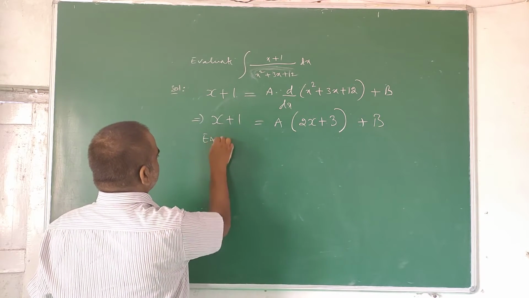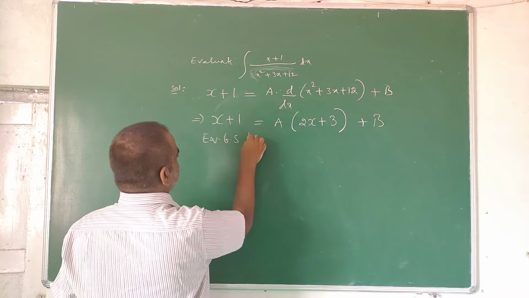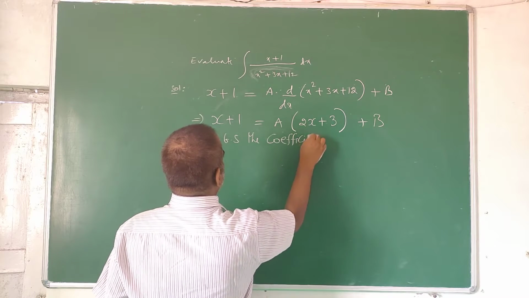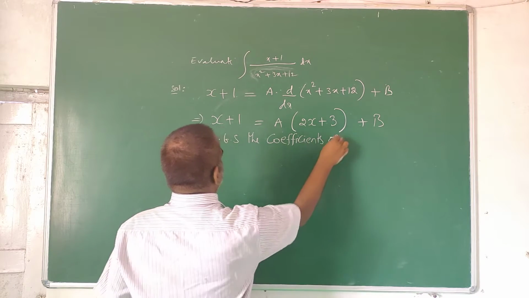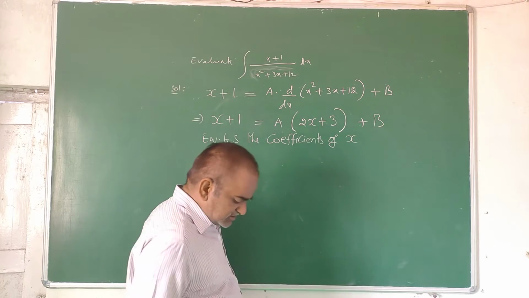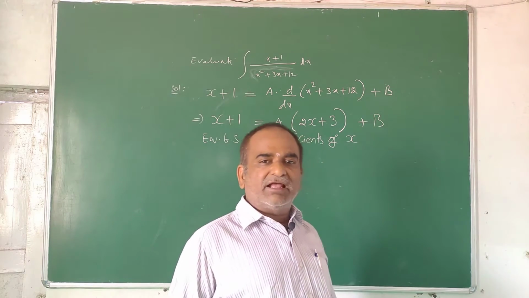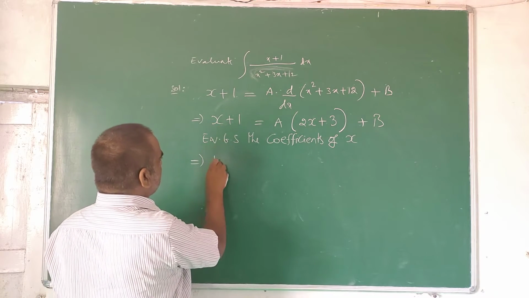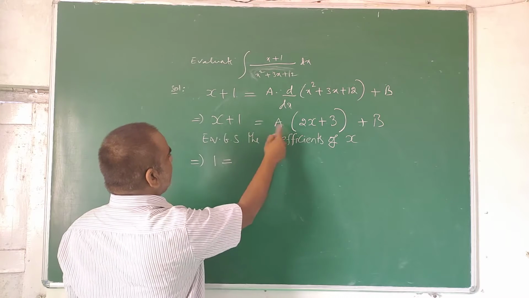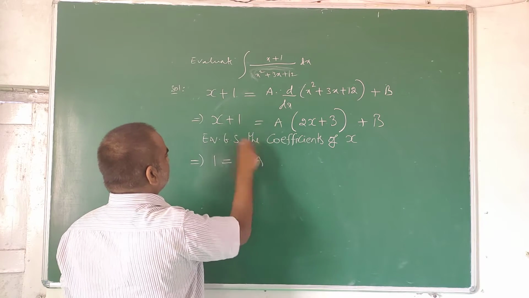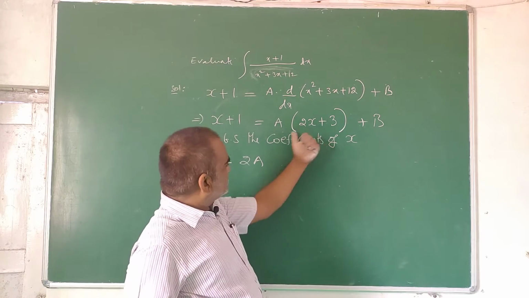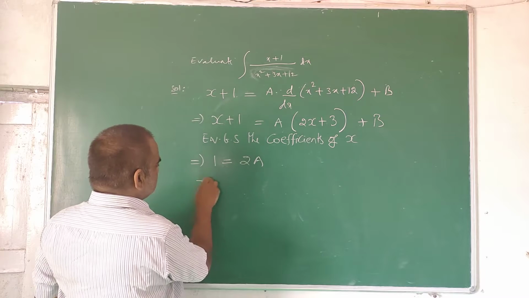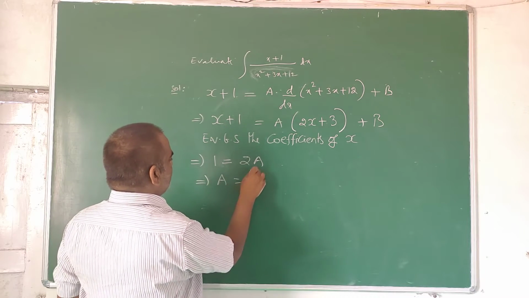Equating both sides the coefficients of x, you get 1 is equal to a times the coefficient of x. Here it is 1, here it is 2a. So this implies a is equal to 1 by 2.